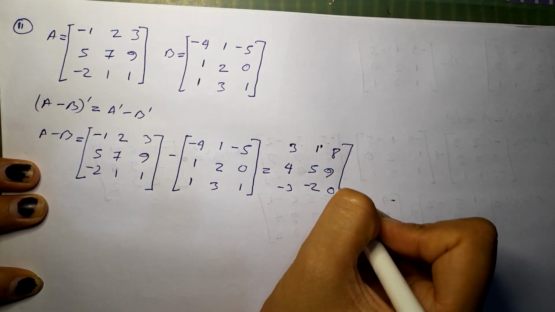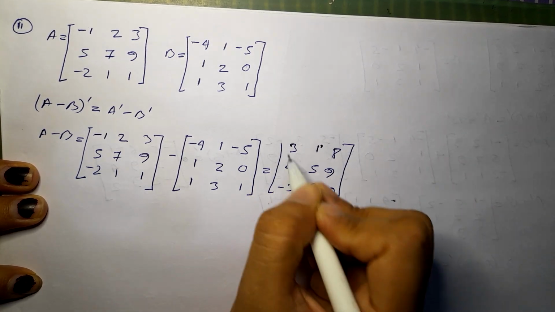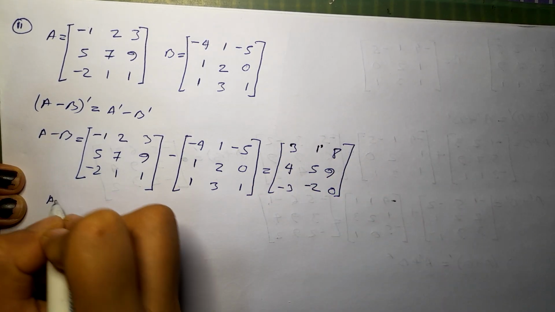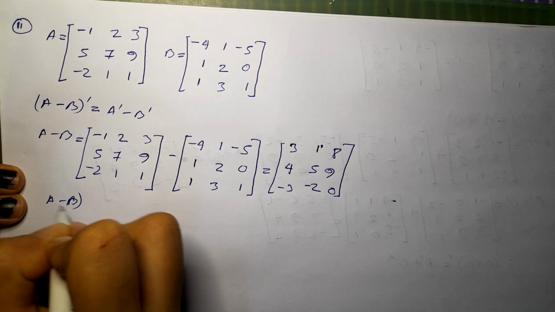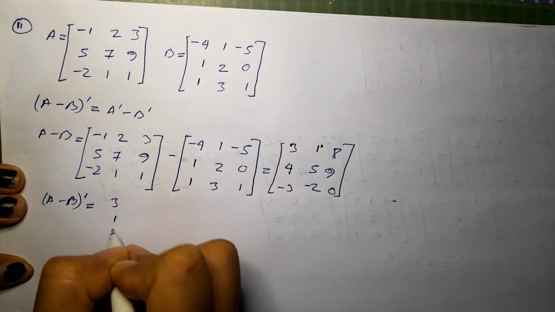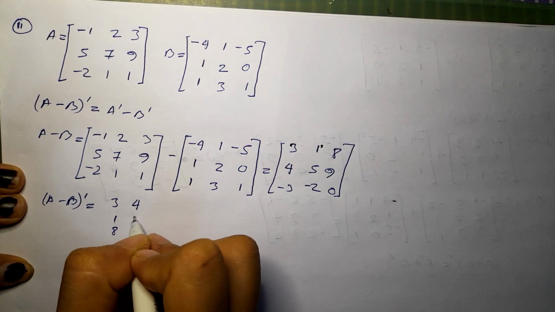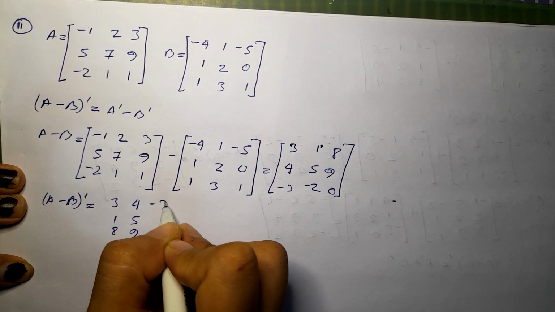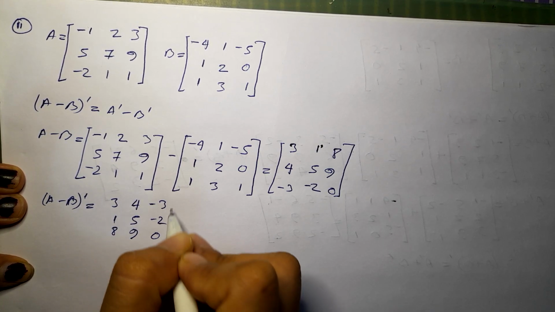Now we need the transpose of this, the (A - B) whole transpose. The rows become columns: 3 1 8, 4 5 9, -3 -2 0.